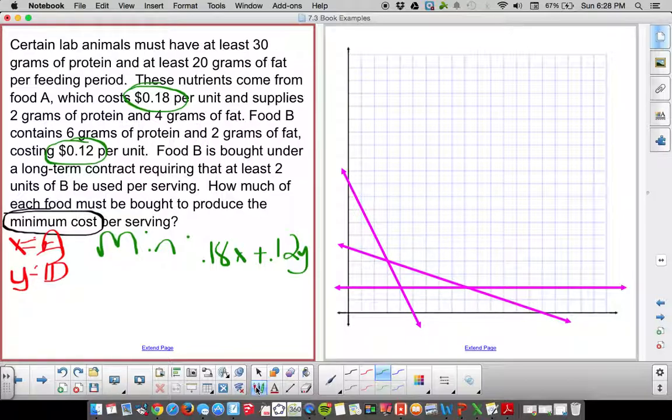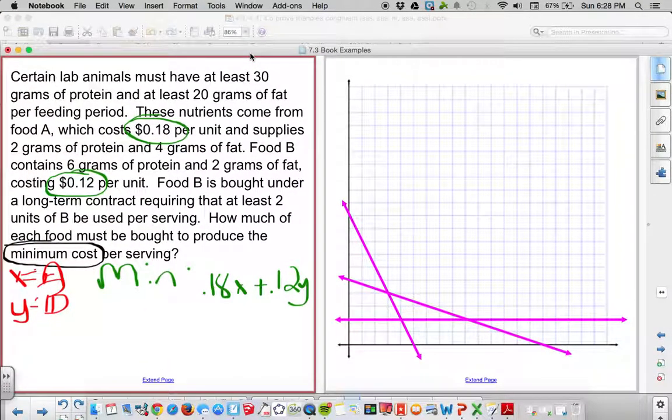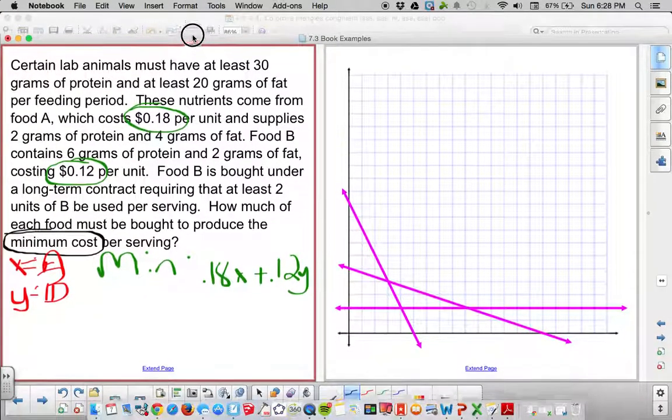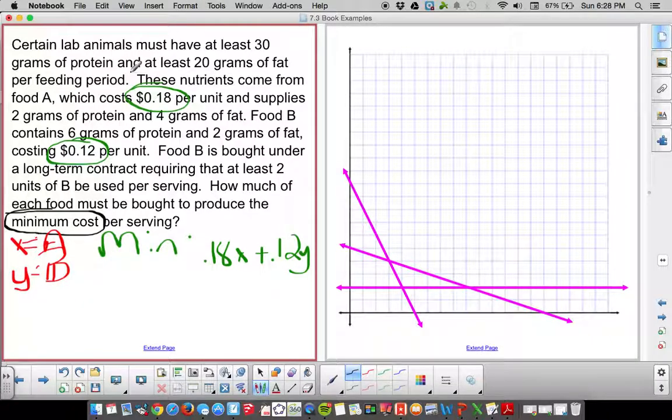So I'm going to organize my data here, and put proteins with proteins and fats with fats. So I know I'm going to have at least 30 grams of protein.